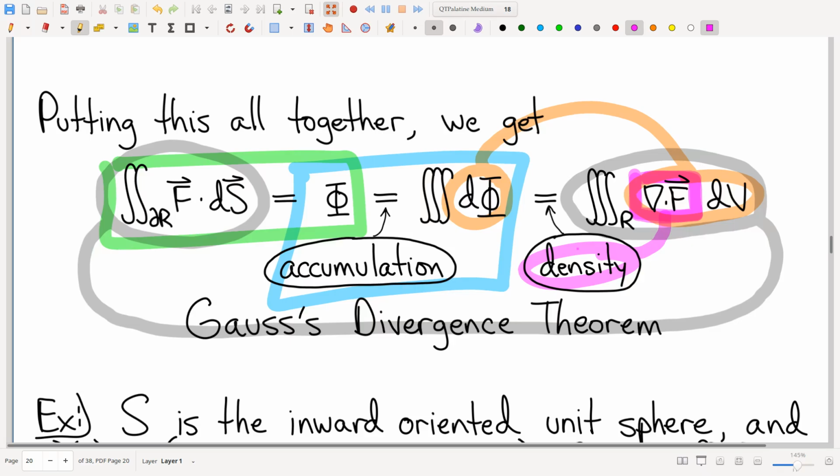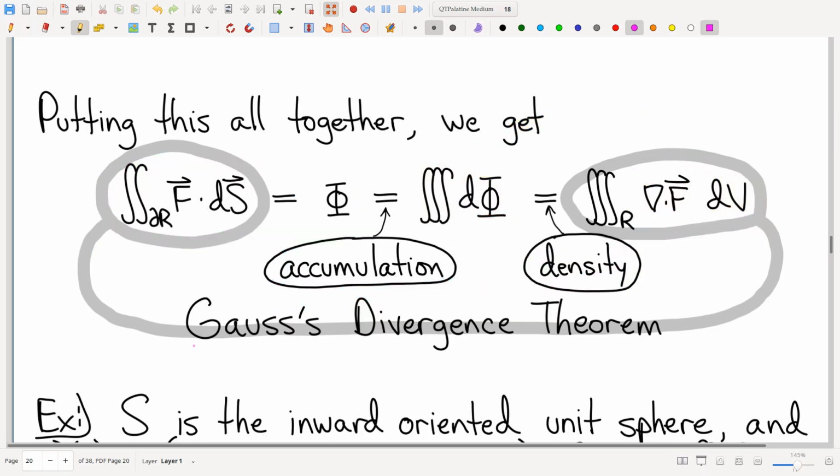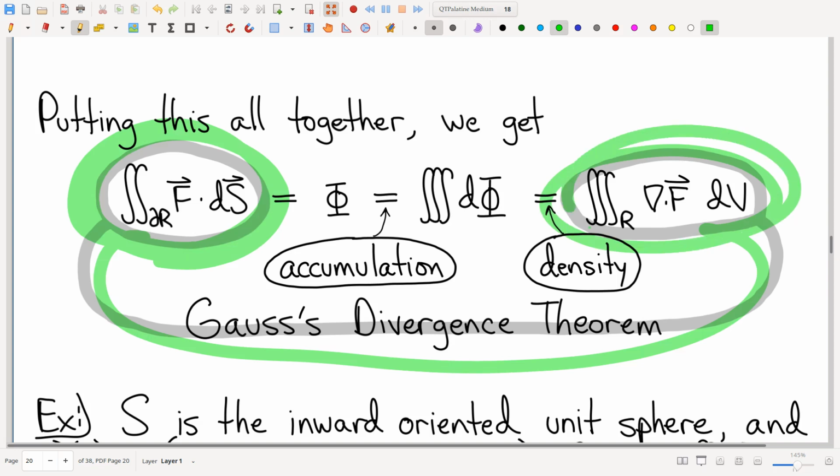When you want to compute flux, you integrate flux per unit volume, d volume. And altogether, notice we have ourselves a brand new theorem. It's pretty awesome. Flux is a triple integral of divergence over the interior. And this is Gauss's divergence theorem.